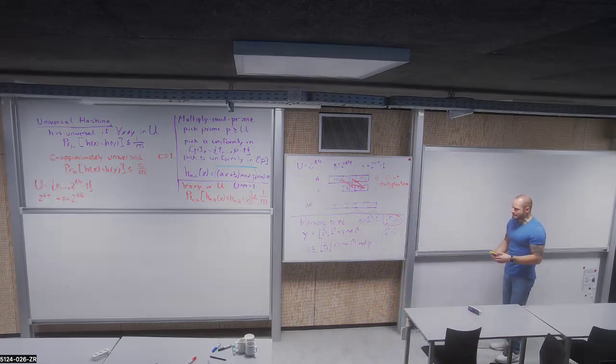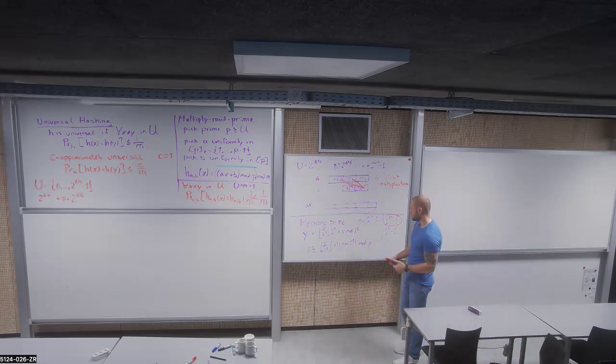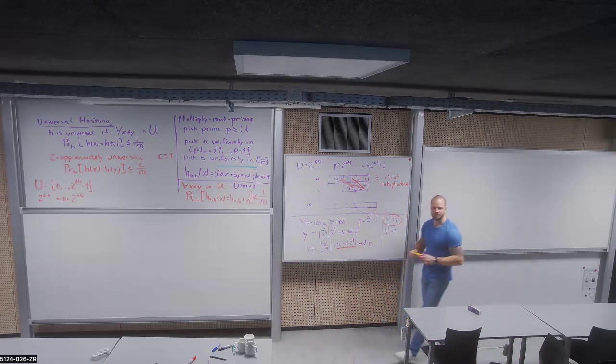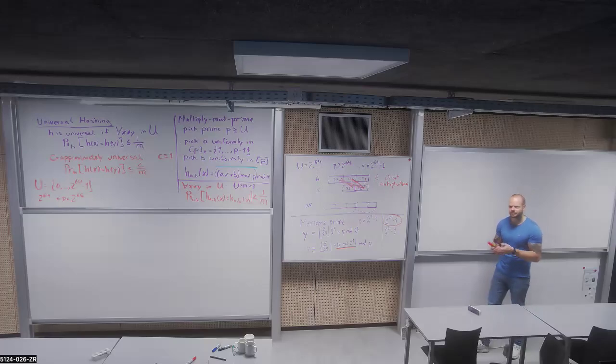Why is this useful? Let's have a look at why. First of all, let's take this one first: y modulo 2^q. I'm looking at binary numbers. What does this correspond to in the binary representation of y? Y modulo a power of 2.